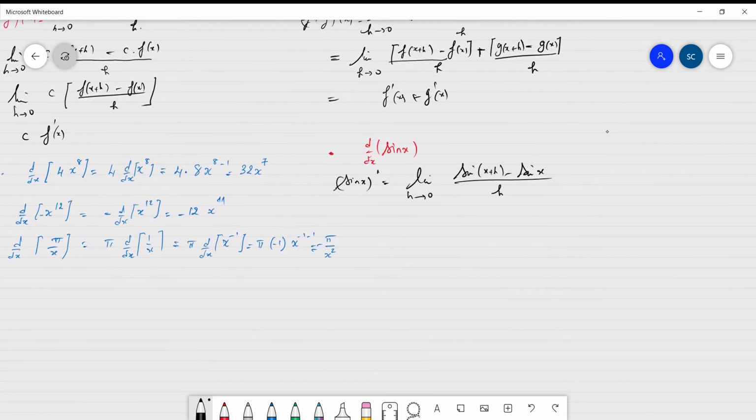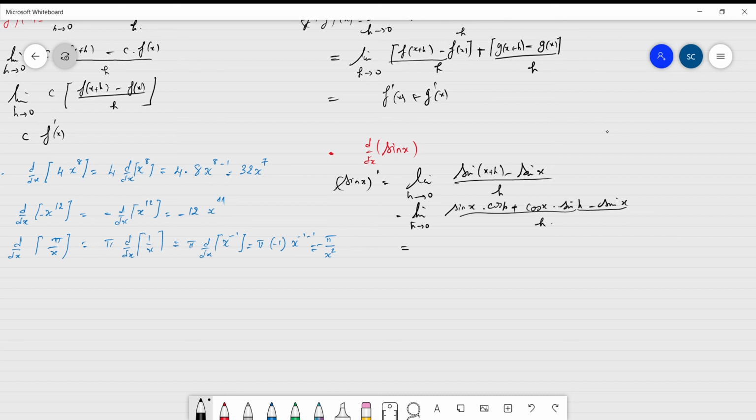So we can write it as the limit as h approaches 0 of sine x times cosine h, plus cosine x times sine h, minus sine x, over h. You can find this identity in the book. Then we regroup the terms and see how we can get our limit.